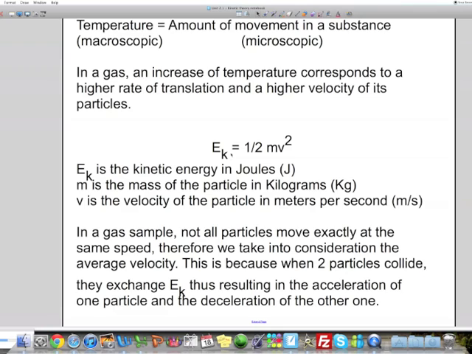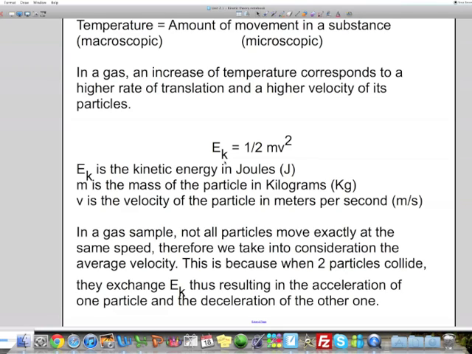And we said that this here is a measurement of temperature. So if a particle gets more energy out of that collision, this will increase, and the speed will increase as well. While the other particle will slow down, which translates into a decrease of energy and a decrease of what we measure as temperature.